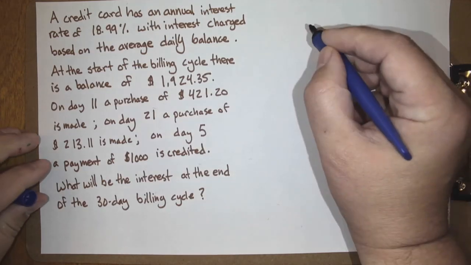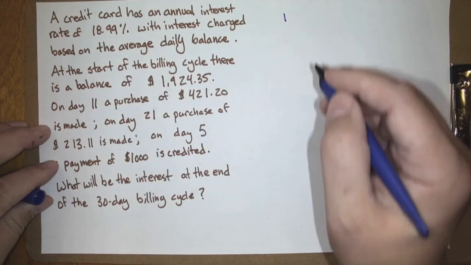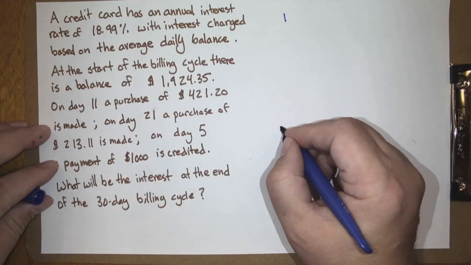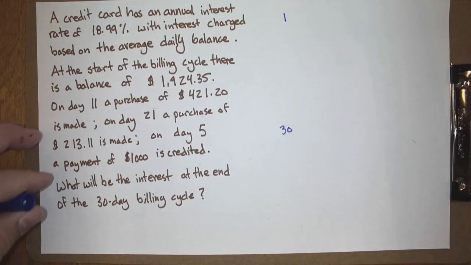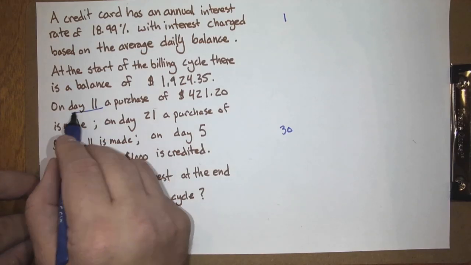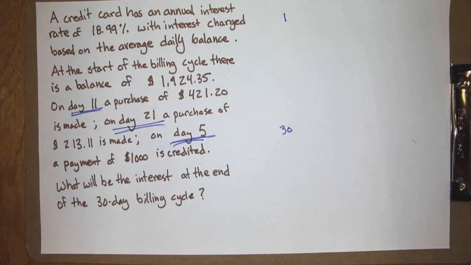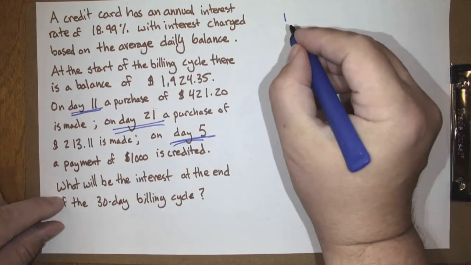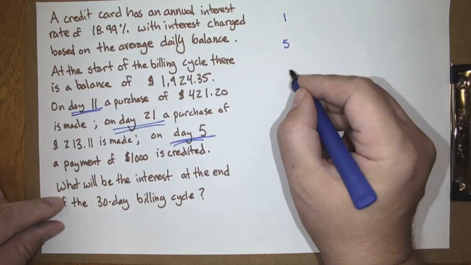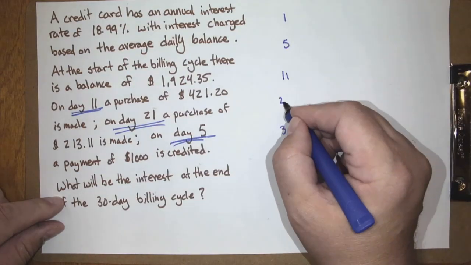So, we have day 1, we have day 30. Now, when do things change? There are 3 events that happen. Someone does not use this card very often. Day 5, day 11, day 21. So we'll mark day 5, day 11, day 21.